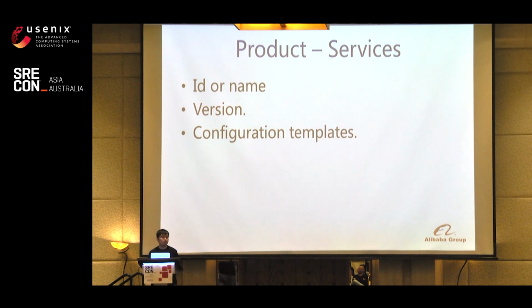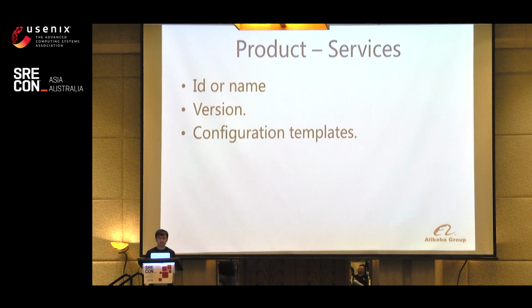And the second thing is the version, because for every software service, we'll have different kinds of versions. In our company, our service improves very fast, so we'll have a new version in days or even weeks.